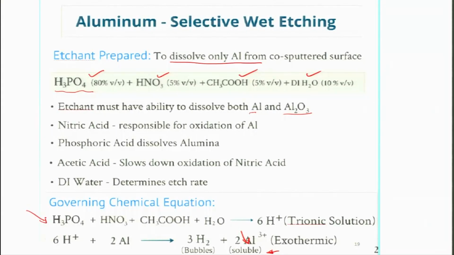So, the etchant must have an ability to dissolve both, and nitric acid is responsible for oxidation of aluminum. There is some oxide already present, as I told you, Al2O3, because of passivation of the surface, but there is some oxide also being made through reaction with nitric acid, and phosphoric acid and alumina react with each other.